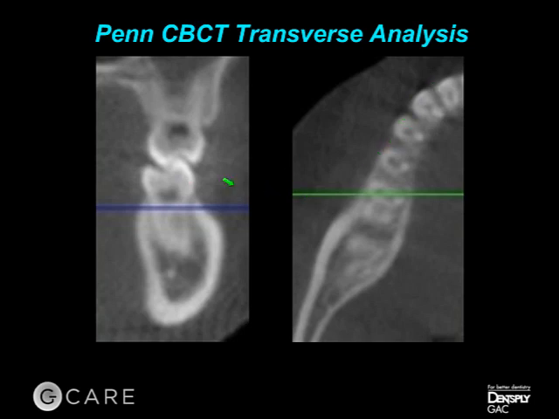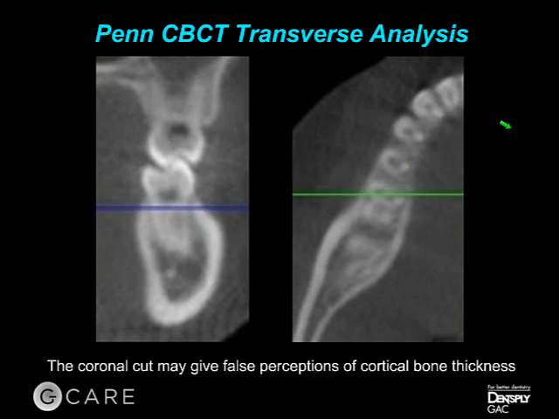So if we're going to take a vertical slice through a tapered mandible, this width of the cortical bone is going to be distorted. So even though this is the dimension width of the cortical bone, it looks much thicker on the frontal cut than it does on the axial cut. So in order to prevent any false measurements, this is the reason that we use the axial cut when we use the CBCT analysis.